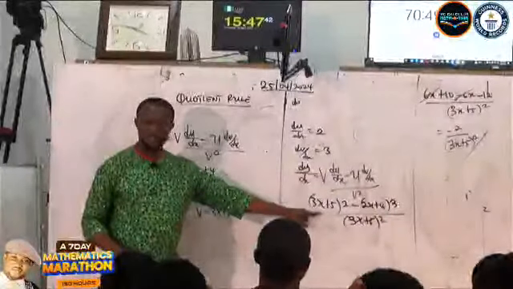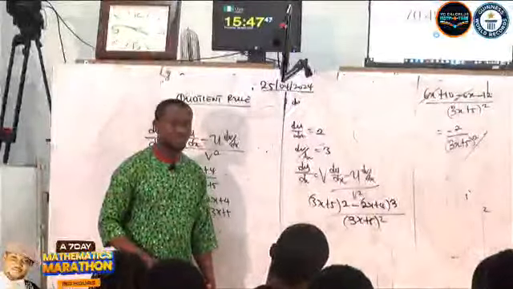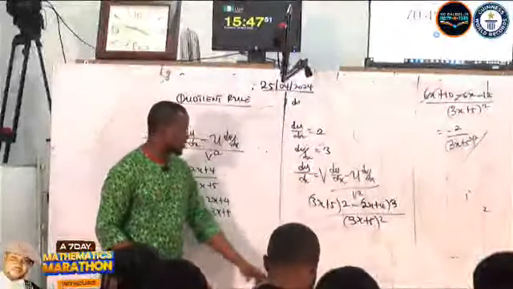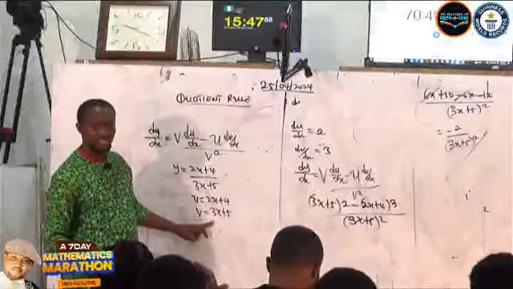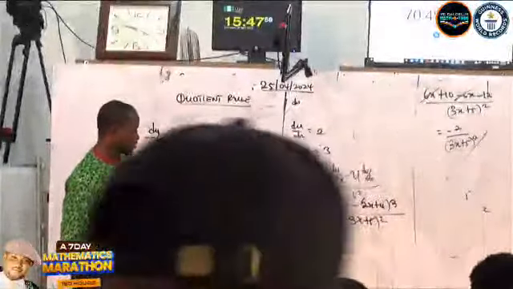Now, this 2 is the differentiation of what? The 2 is the one differentiated here, and the 3 is the one differentiated here, and the down is this one.